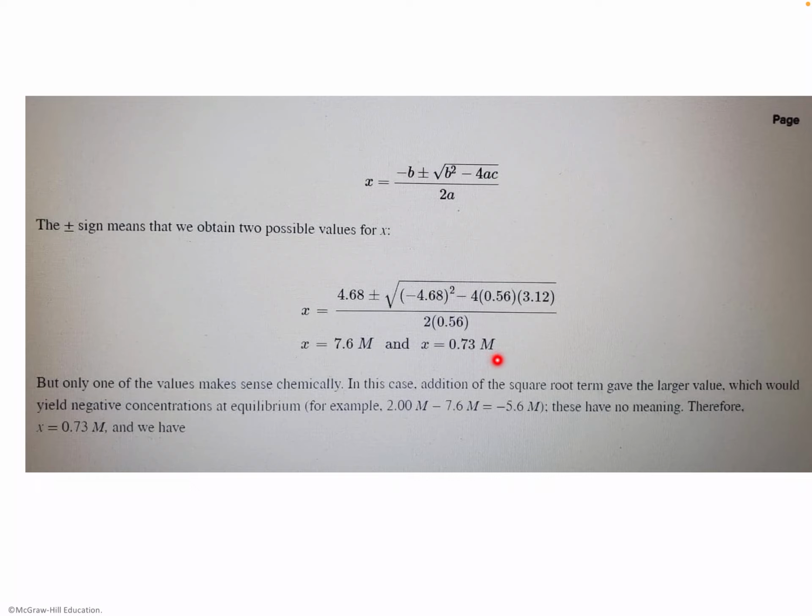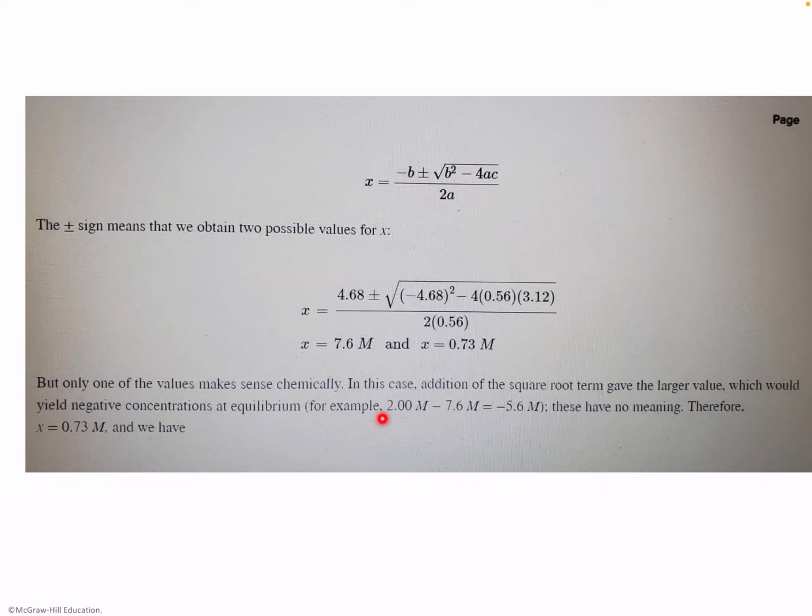Now x is the amount of reactants that has reacted, and also at equilibrium it tells how much product you have. But only one of these x values makes sense. In this case, addition of the square root term gave the larger value, which would yield negative concentrations at equilibrium.